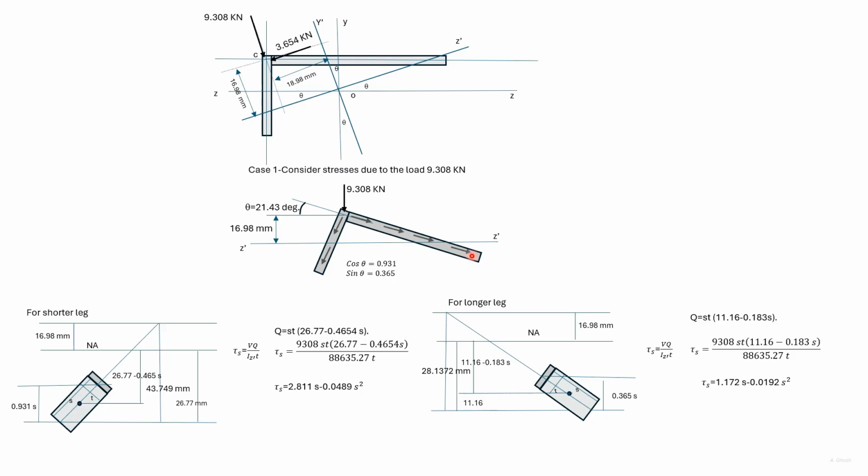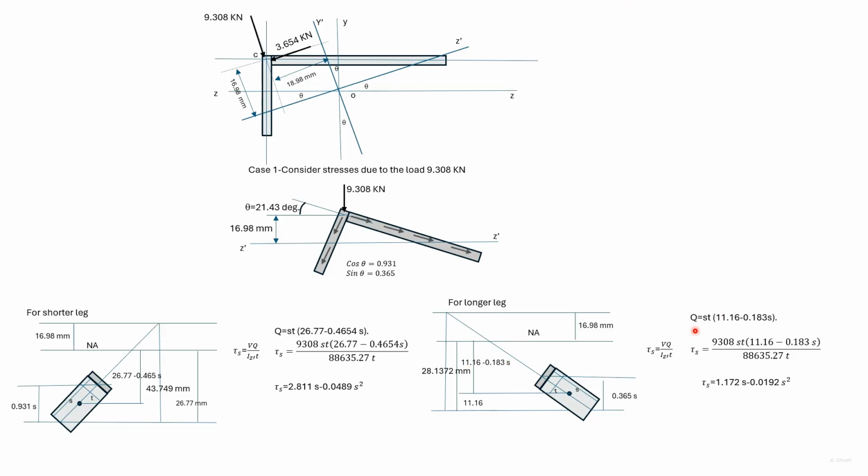Here the distance of the edge from the point C is 77. So 77 sine theta is this vertical distance. Subtracting this distance, we get the distance of the neutral axis from the lower edge as 11.16 millimeter. If this distance is S, then the vertical distance is sine theta into S. So the distance of the centroid of this portion from the neutral axis is given by this expression.